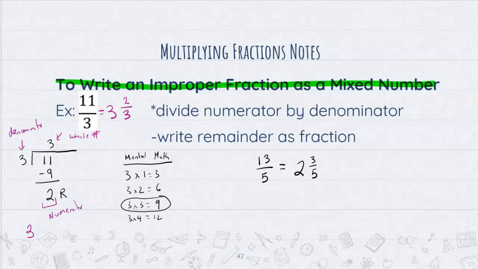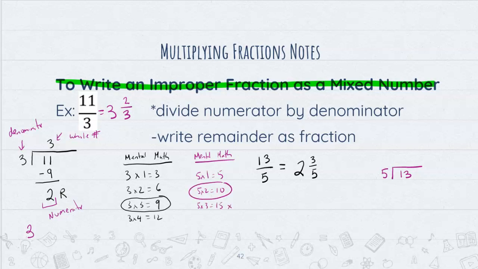So 5 is going to go on the outside of my long division, and I put 13 on the inside. Again, I'm going to do a little bit of mental math, but you're not in my head, so I'm going to do it out loud. So 5 times 1 gives me 5. 5 times 2 gives me 10. 5 times 3 gives me 15. Too much.